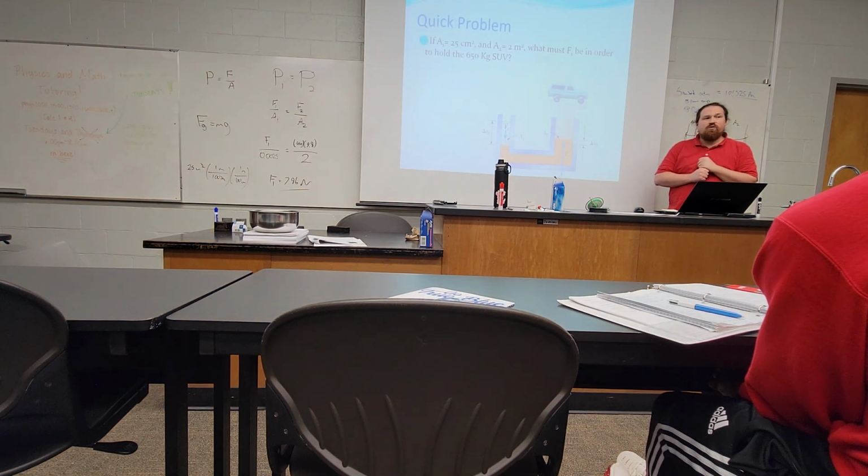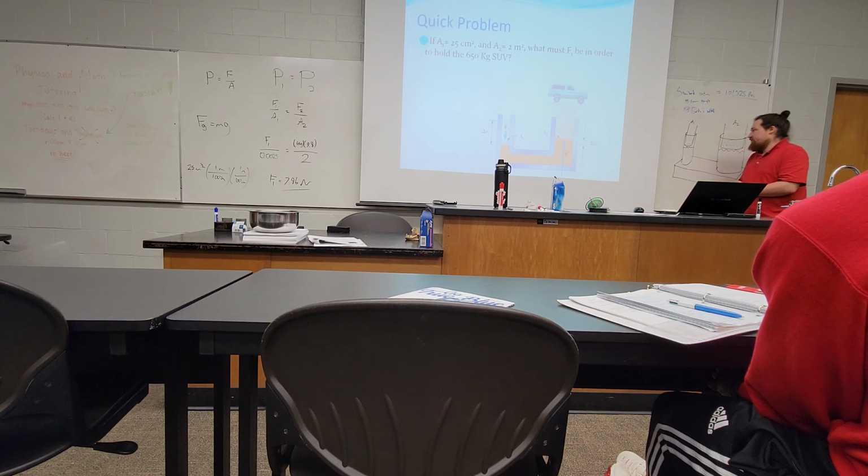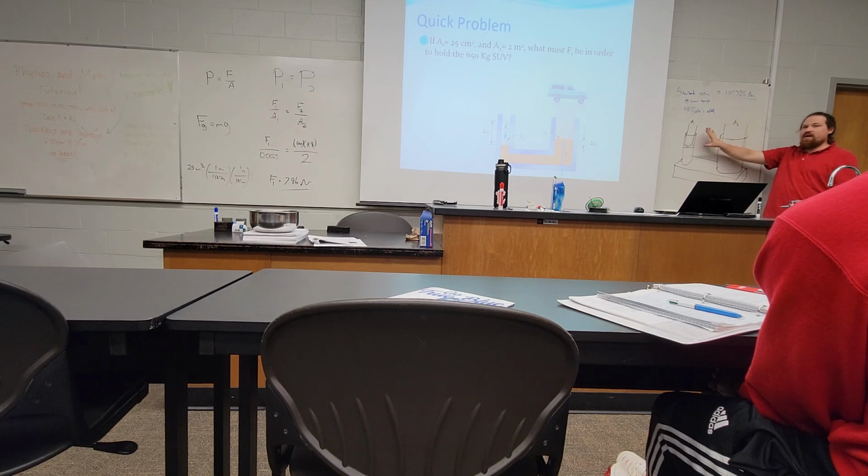I will say there is one weakness to this sort of machine, and it's that this cylinder just has to be many, many times taller than the other one, because what's really happening here is volume flow rate. A certain volume of liquid flows out of here and into the other side.